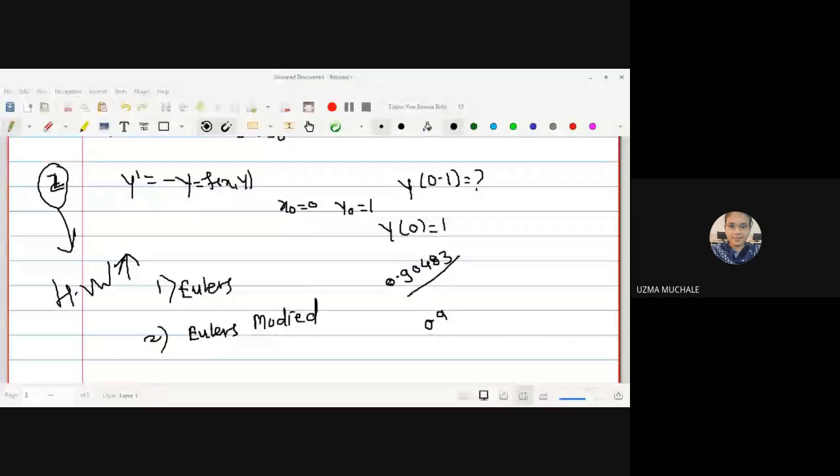Yes, any doubt for solving this? If no, we'll go for the next chapter, the last chapter we are remaining with: numerical solutions of system of linear equations.